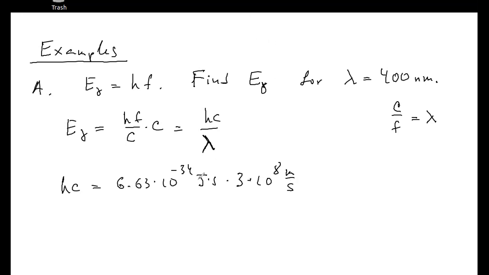So if you let me, I can cancel seconds. Then power of 10, 10 to minus 34, 10 to power 8, I'm going to get negative 26, joules and meters.